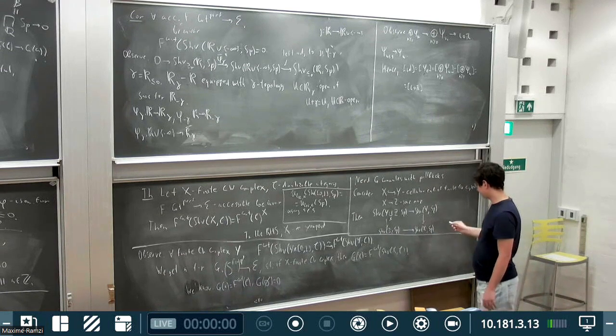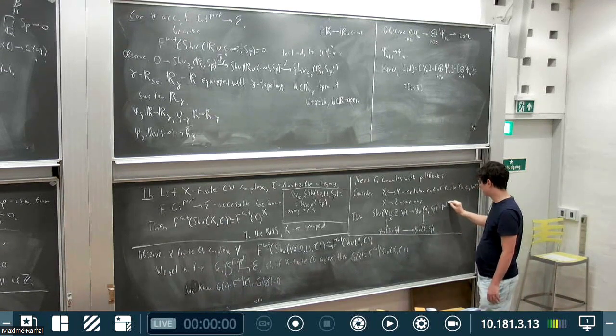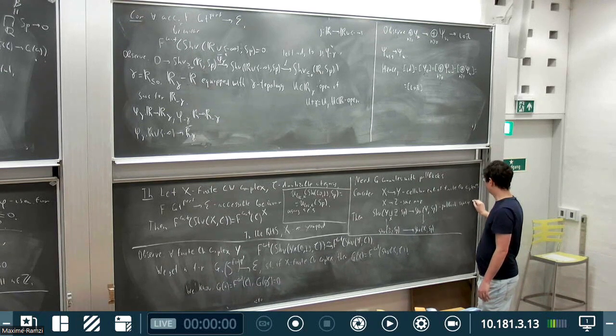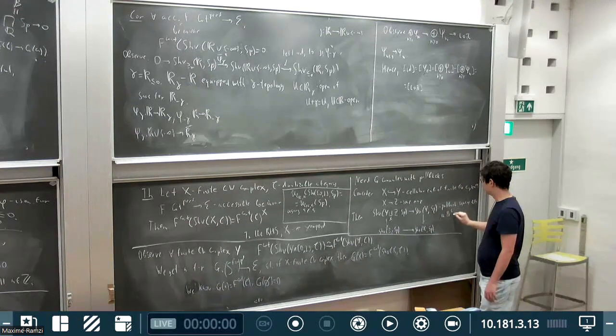And this is a pullback square both in PRA and in the case of dualizable categories.